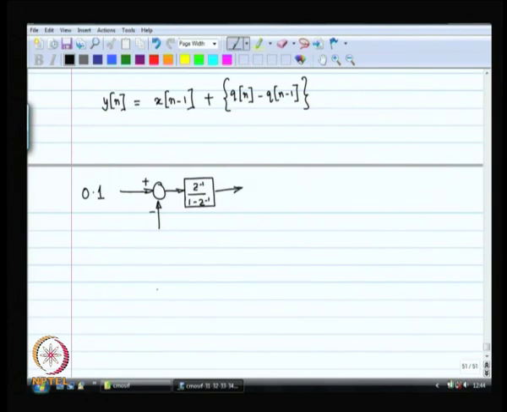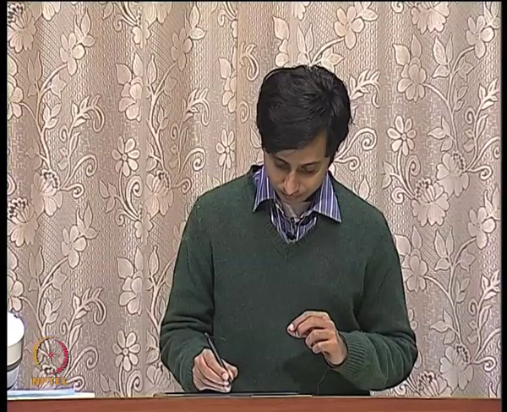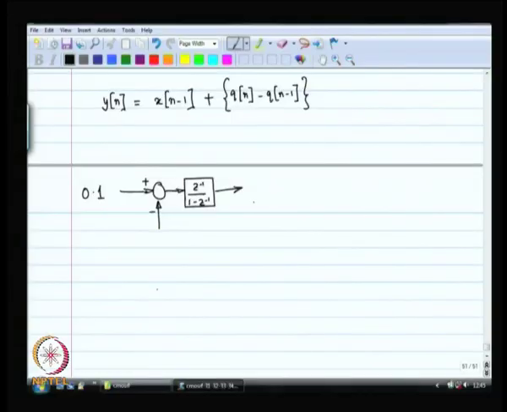So, here as the MSB selector part, all I am going to do is say whether the quantity is positive or negative. Or let us say I quantize to plus minus 0.5. So, this quantizer output has two possible values, plus 0.5 and minus 0.5. Okay.